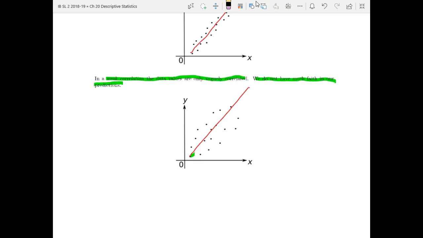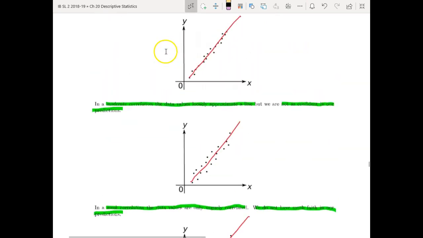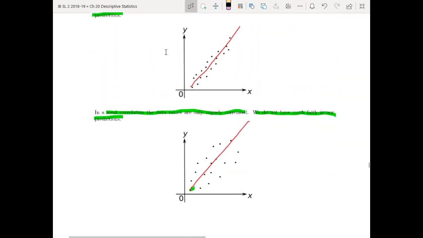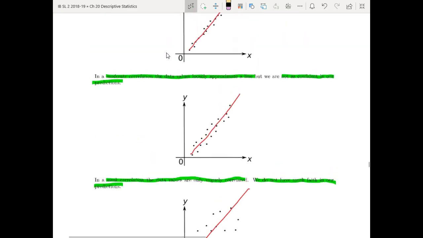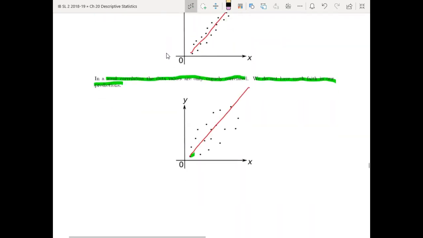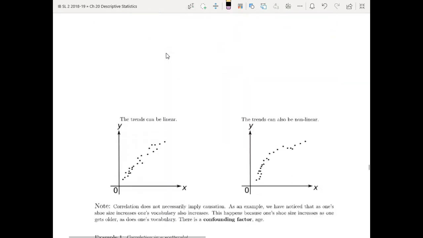In a few minutes, we'll be calculating a value that tells you how strong the correlation is, and that's called the correlation coefficient. So you're not trying to decide if it's strong, moderate, or weak. The R value will tell you that.